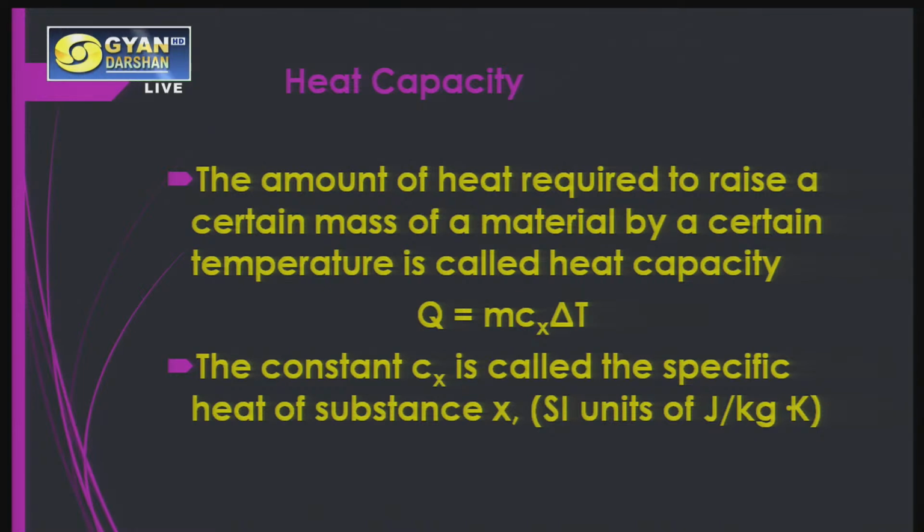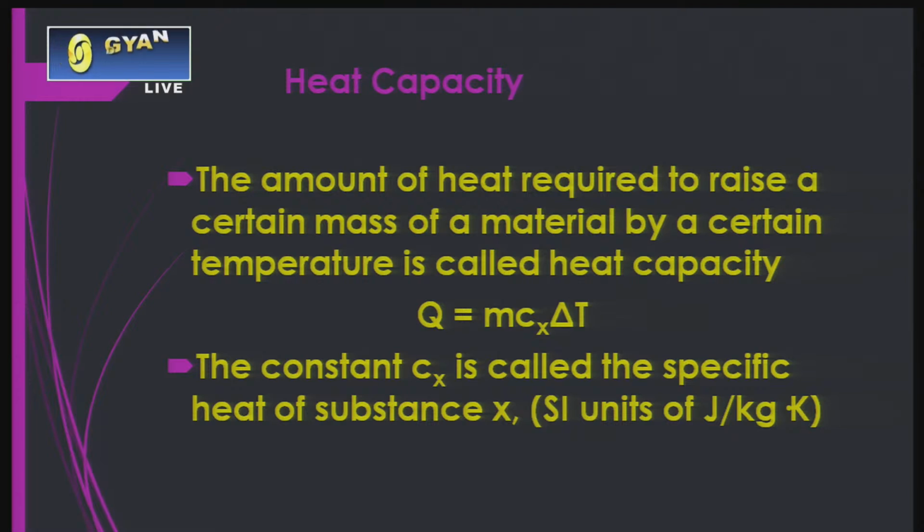Now, how are we going to calculate Q? Basically, the amount of heat required to raise a certain mass of a material by a particular temperature is called heat capacity.